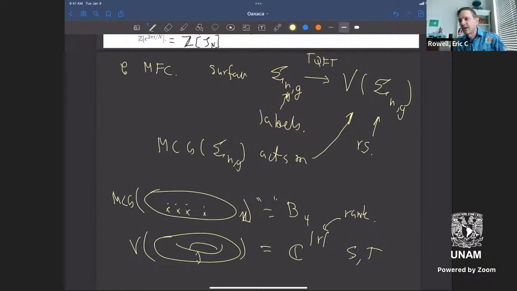There's a philosophy. The idea is that whatever is assigned to the point is supposed to be a modular category, if it's fully extended. But even if it's not, maybe there's something one can do.